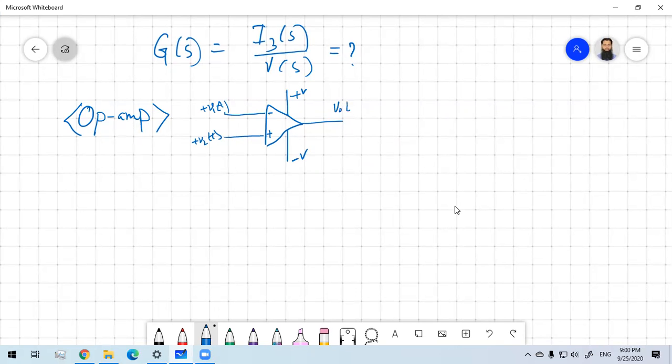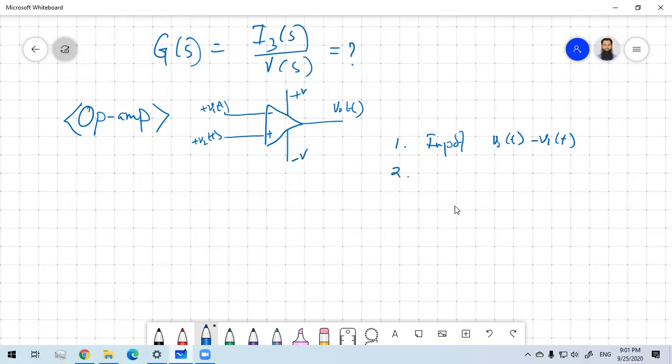Then V0(t) is the output. The properties of the op-amp: first of all, the input is differential, V2(t) minus V1(t). This is number one.